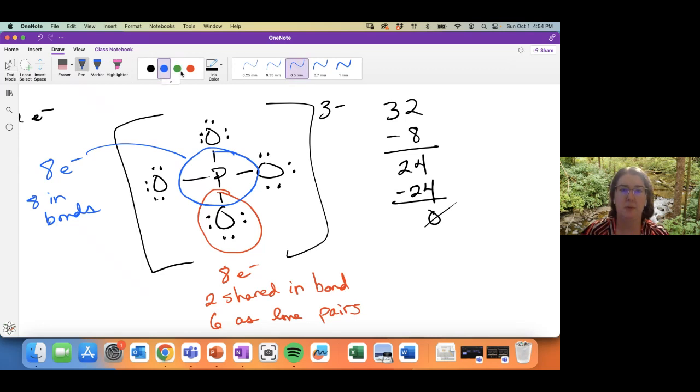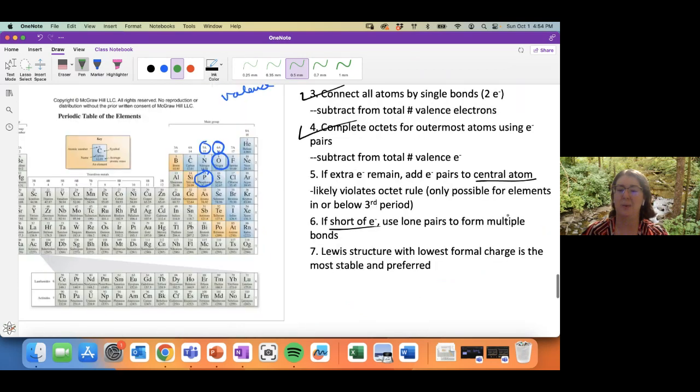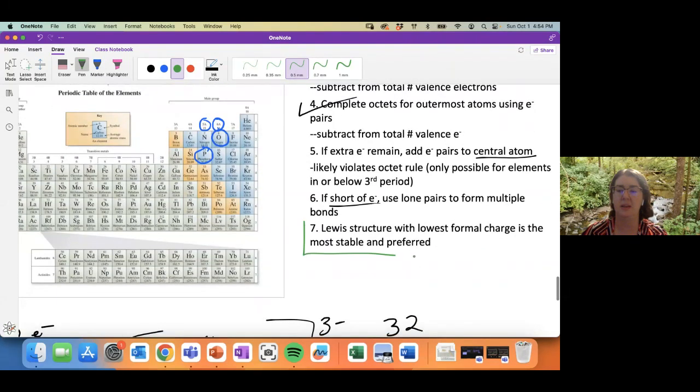But one of the questions that was asked was about best Lewis structure. Anytime you see best Lewis structure, that's a hint that we actually care about this last thing right here. The Lewis structure with the lowest formal charge is the most stable and preferred, which would be the best one, which means I have to actually do formal charge.